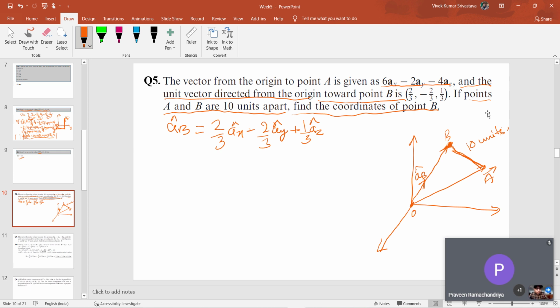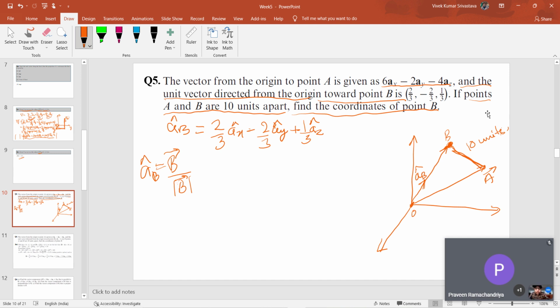suppose this is a vector B, and you have to find the unit vector towards this point B. Then to find the unit vector, you simply divide the vector by its magnitude.